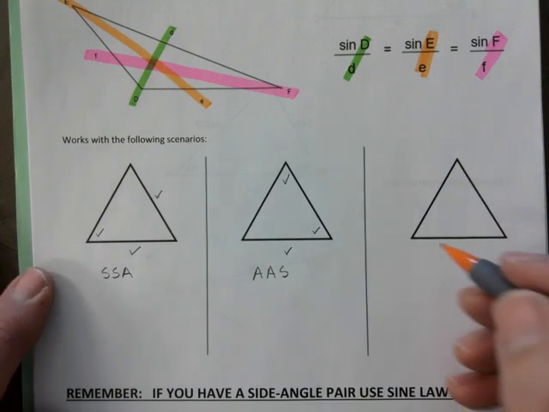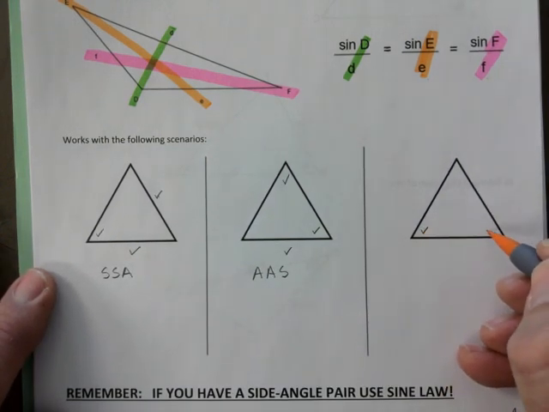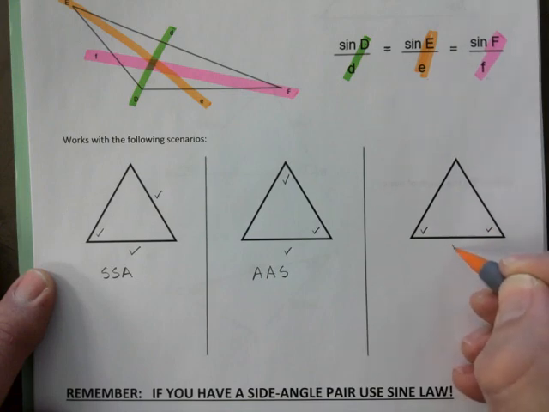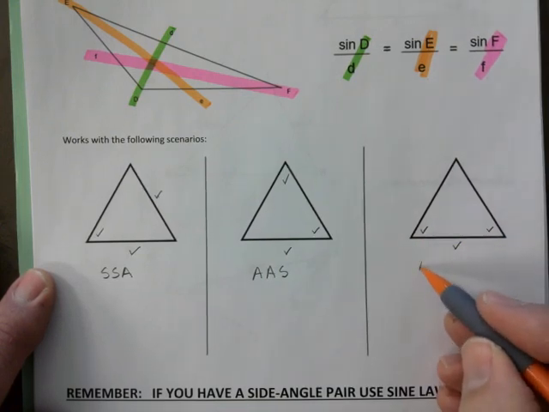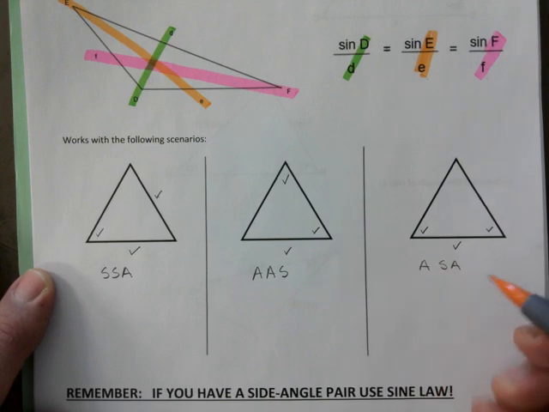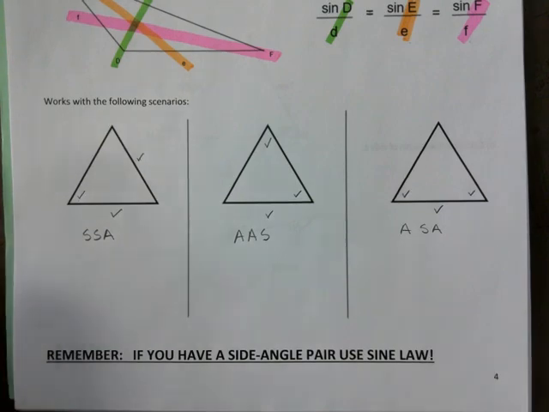And this one here, let's say you know two angles and the side that connects those two angles. This is what we call an angle side angle, and this is a special case, right?